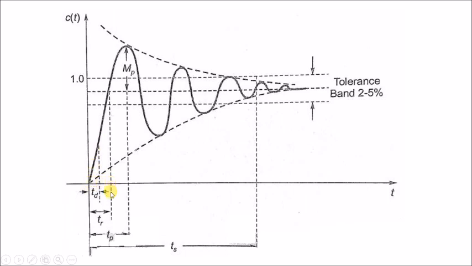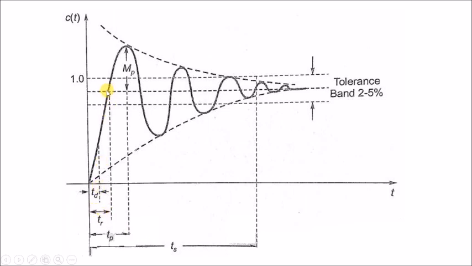This time is called rise time. TR, rise time. That means when your system travels from 0 to its original value, or 0 to its steady state value, that time is called rise time.